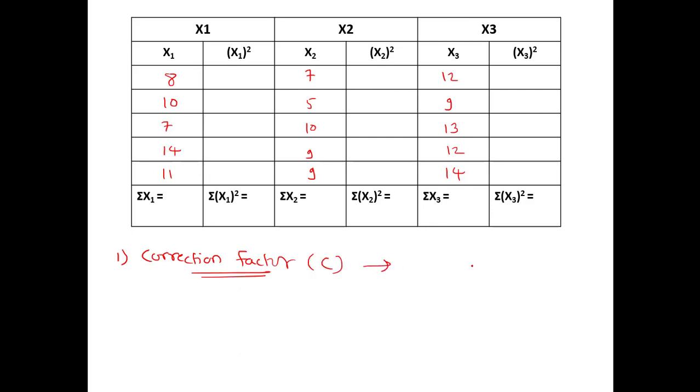The correction factor is denoted by C, and the formula of that correction factor is T square by N. So here what is T? T is the grand total.